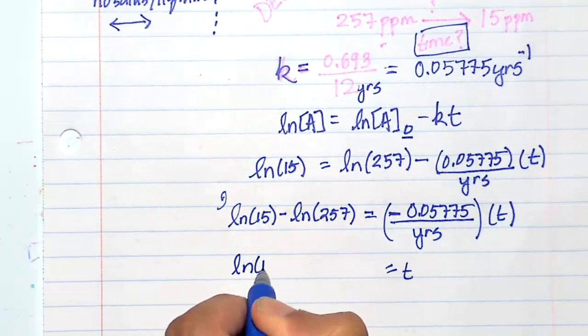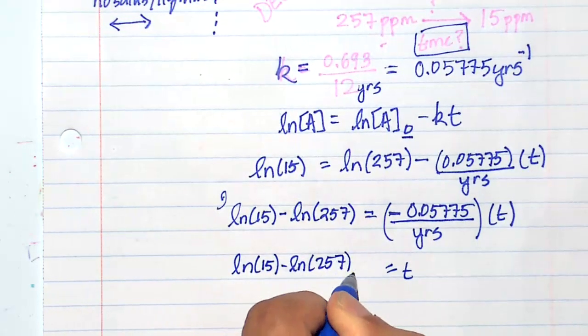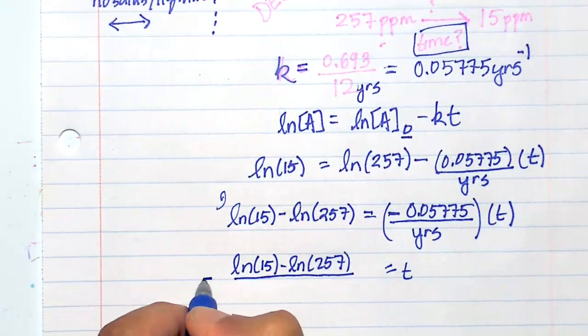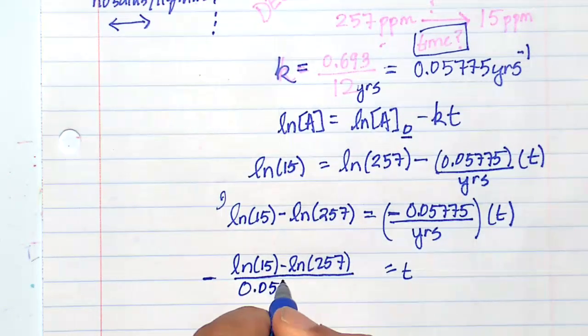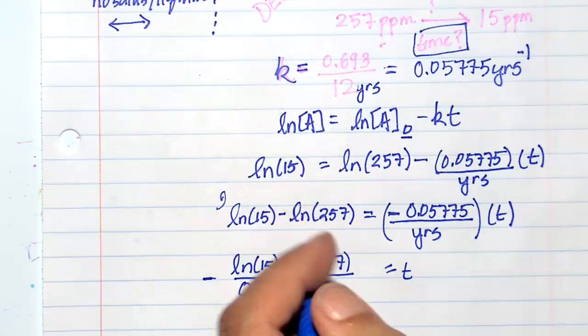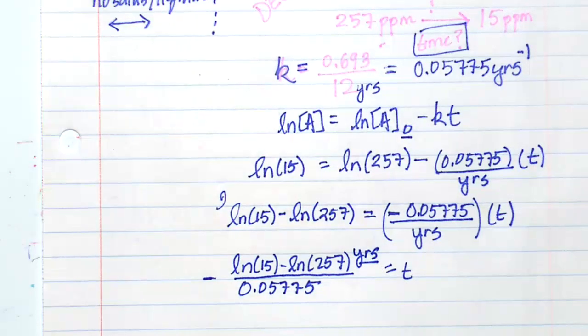So I think I'm running out of time. Don't forget that minus sign also goes down with it, and actually the years flips back up to the numerator. Something like this on the exam.